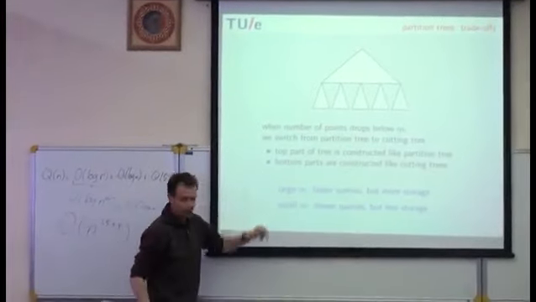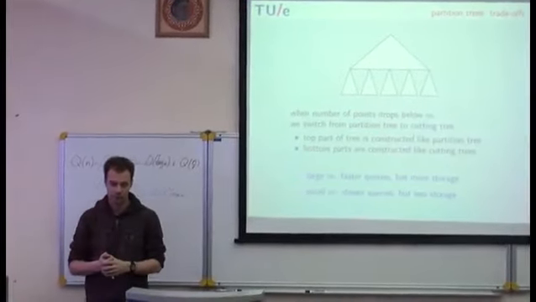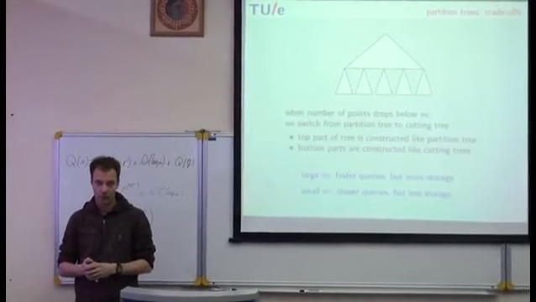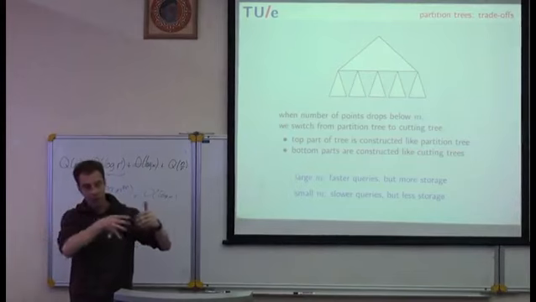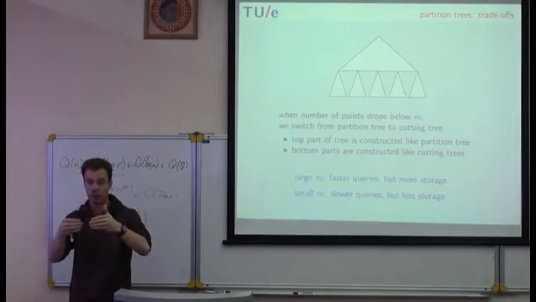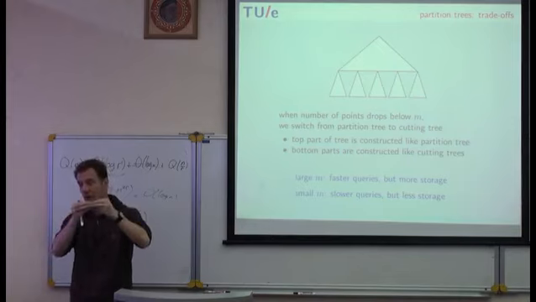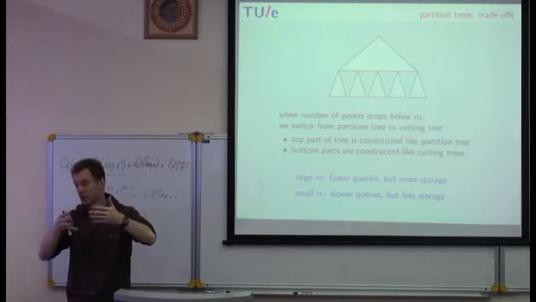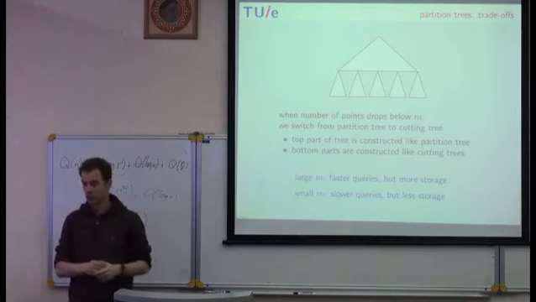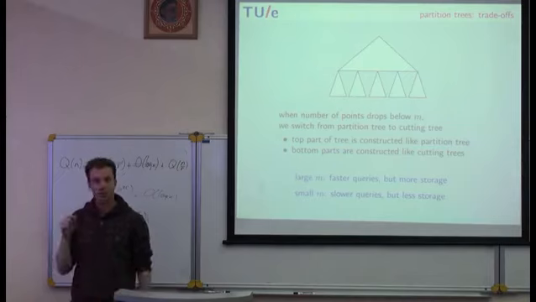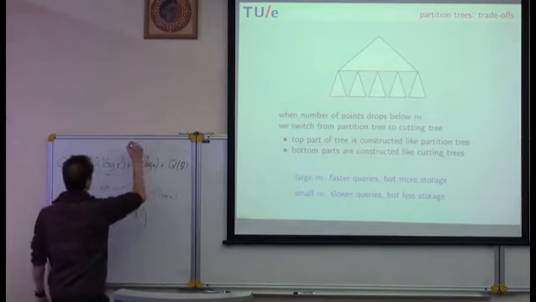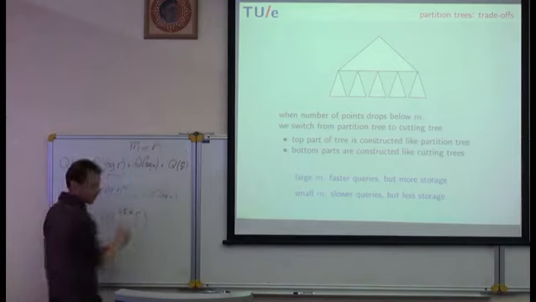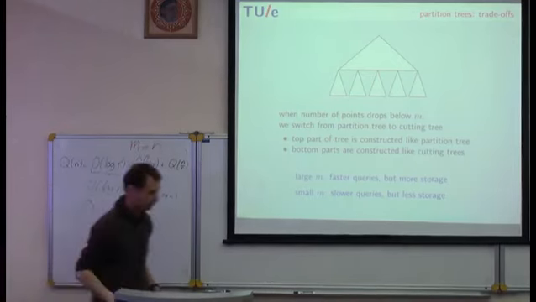If I take a large m, what does it mean? I'm going to switch from partition trees to cutting trees when the number of points is m. So if I have a large m, then I switch earlier. And the earlier I switch, the faster the query time will be. So what happens if I take m equals n?